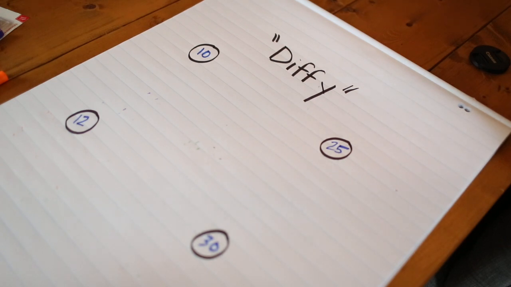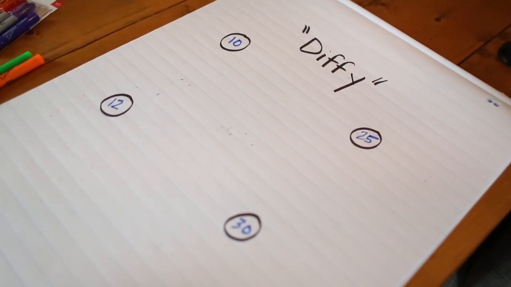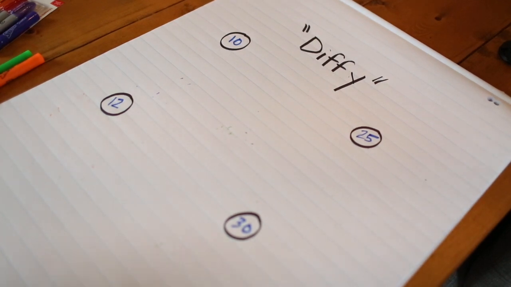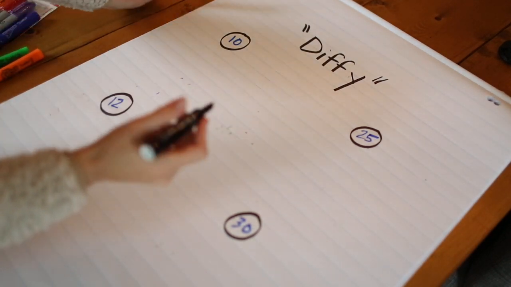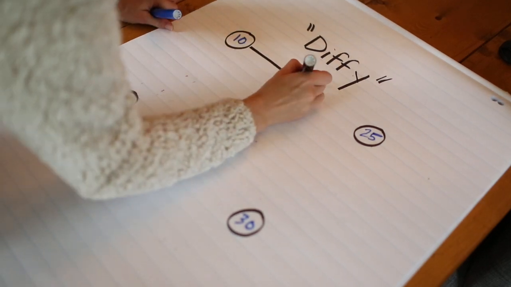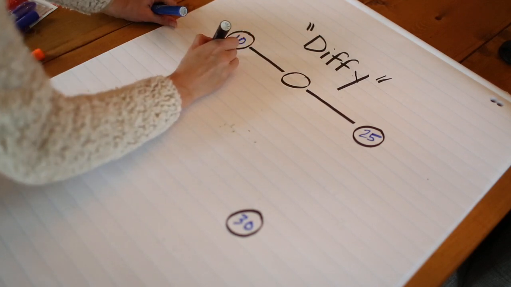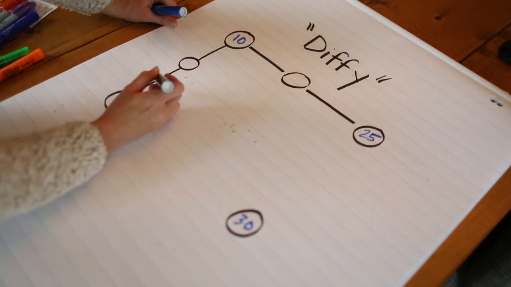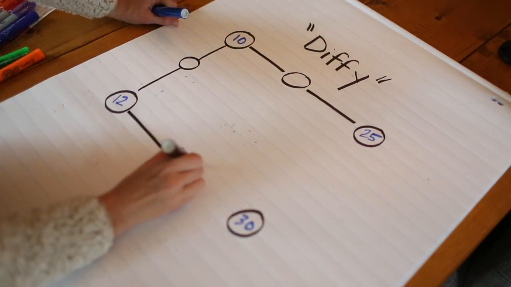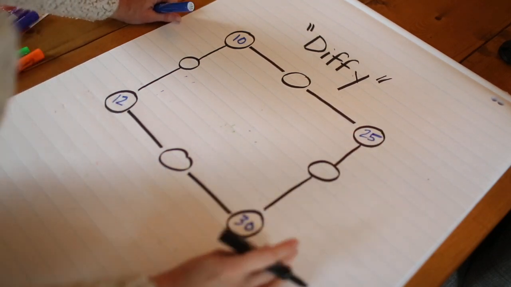In order to play this Diffie, the whole object of the game is to try and get your numbers down to 0. When you've made it to 0, then you know you've been successful. So the whole idea is to show the difference between these numbers. The difference first between 10 and 25, the difference between 10 and 12, 12 and 30, and 25 and 30.